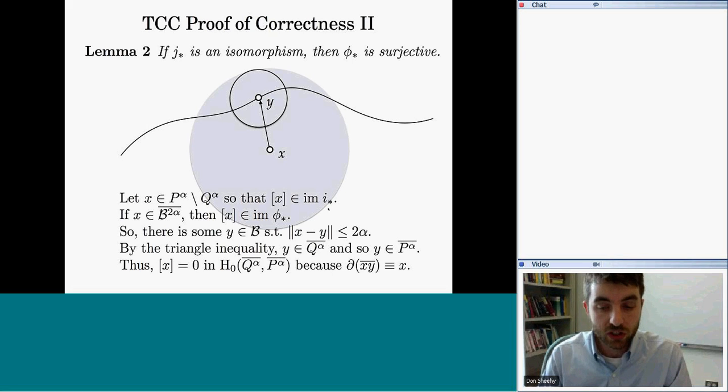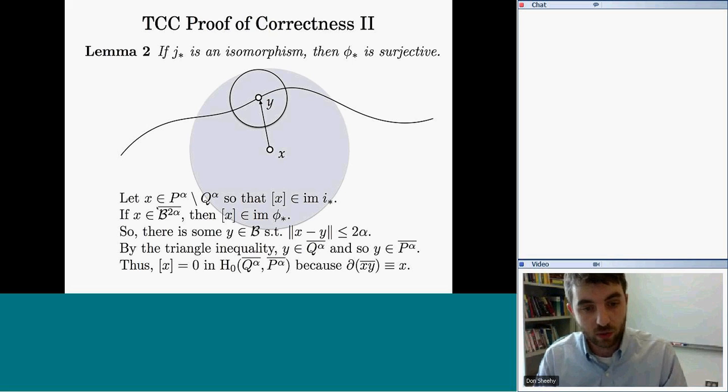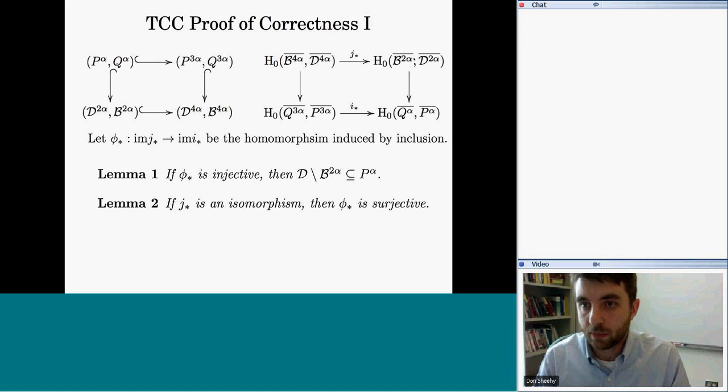So its equivalent homology class is in the image of I star, and we'll show that there's some element of the image of J star that maps to it. This point is far from the boundary, so if it's in B2 alpha bar, at least 2 alpha away from the boundary, then again we can look. That means it must be a non-zero element in H0 of B2 alpha bar, D2 alpha bar up here.